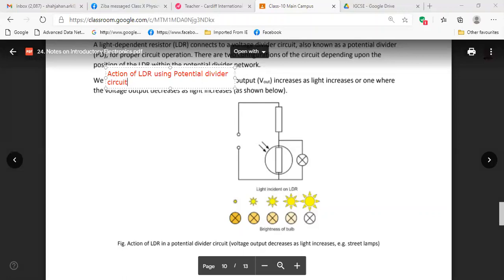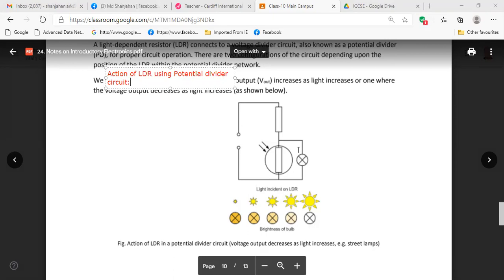Okay, so this one is our discussion now going on. Look here, we have this circuit diagram. So what is the property of LDR? Do you remember? If the light increases, then resistance decreases, right?